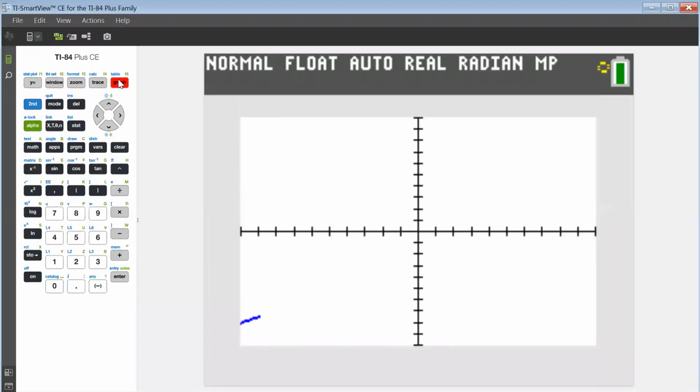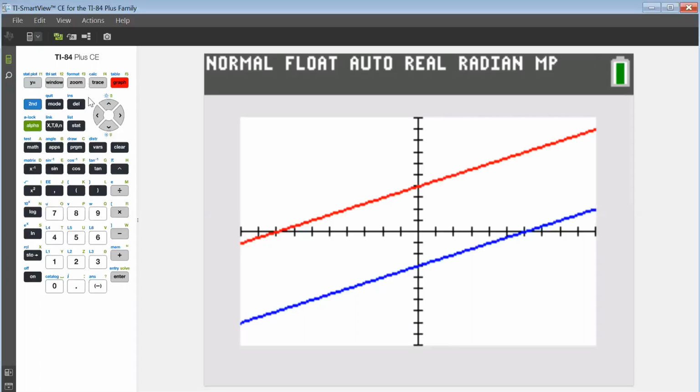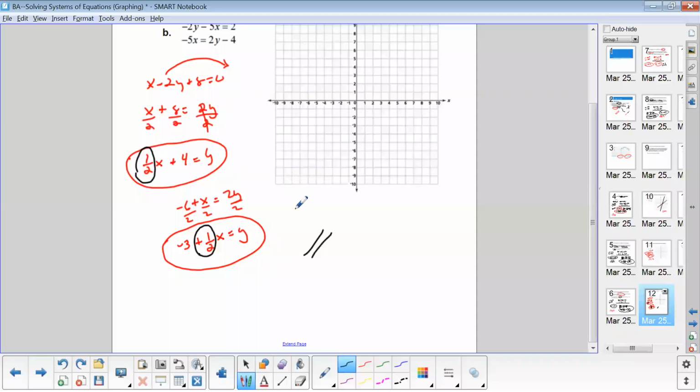If we go to graph it, there's no need to find an intersection or go to second trace because there will never be an intersection here because of the parallel lines. So this would be a no solution. Since we have parallel lines, this would be a no solution.